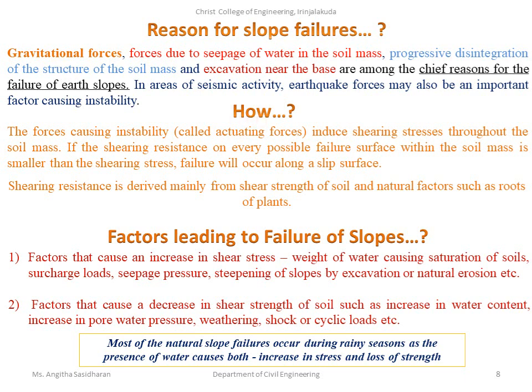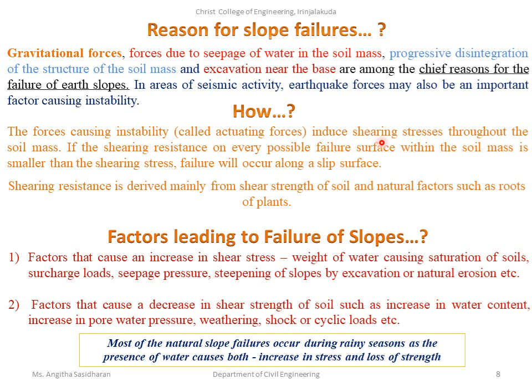Now how is it happening? Some forces are causing instability along the slope, and these forces can be called actuating forces. So some force is causing instability, and the slope will be trying to resist it.